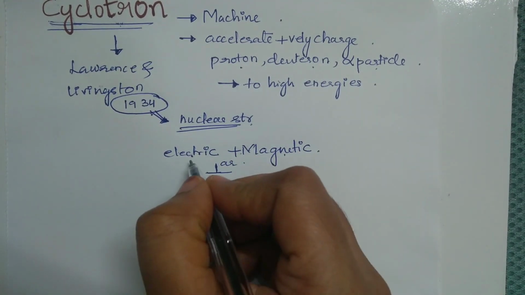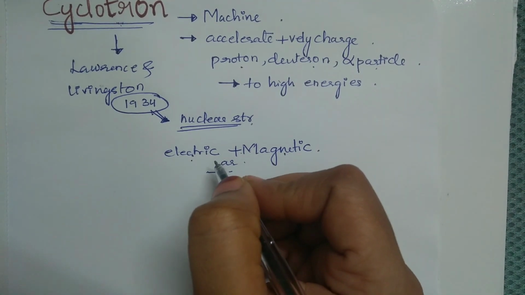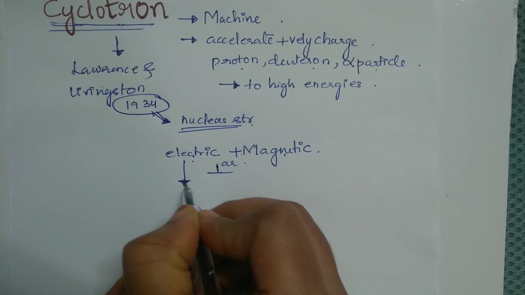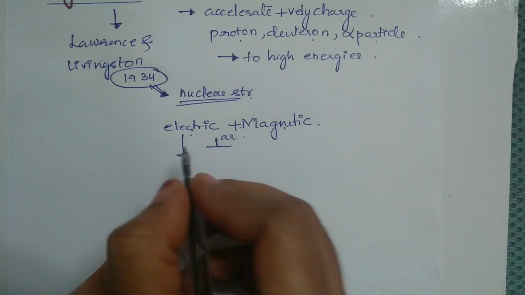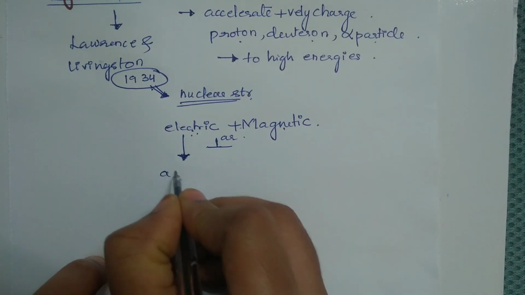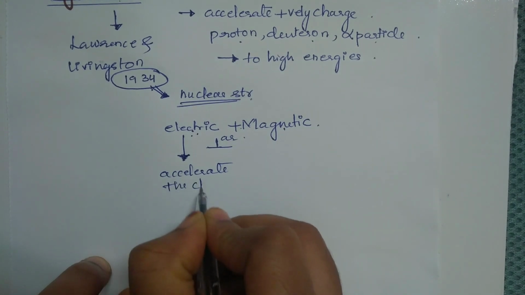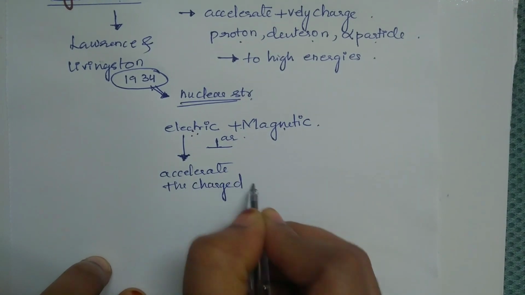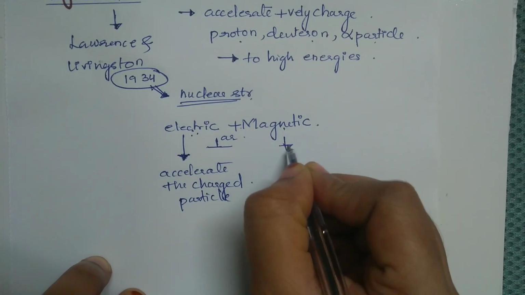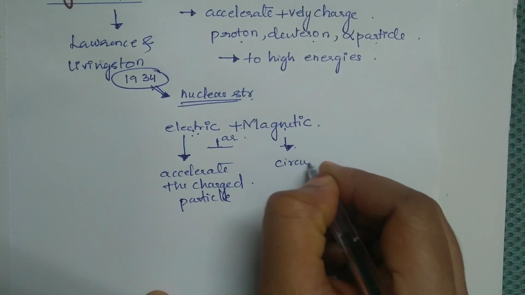What is the purpose of the electric field and what is the purpose of the magnetic field? The purpose of the electric field is to accelerate the charged particles. This will be asked in MCQ: what is the purpose of the electric field? The purpose of the electric field is to accelerate the charged particles, and the purpose of the magnetic field is to make the charged particles move in a circular orbit.